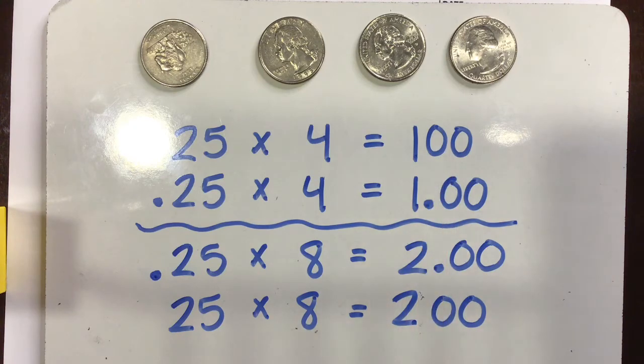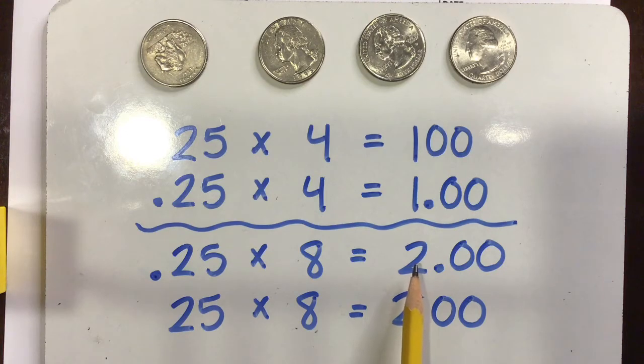We can continue to think about multiples of quarters. So I know that it takes 4 quarters to make $1 or 100 cents. So if I want to create $2, I just think about 0.25 times 8 quarters is going to equal $2. If you imagine that I had 8 quarters on this whiteboard, I would have $2.